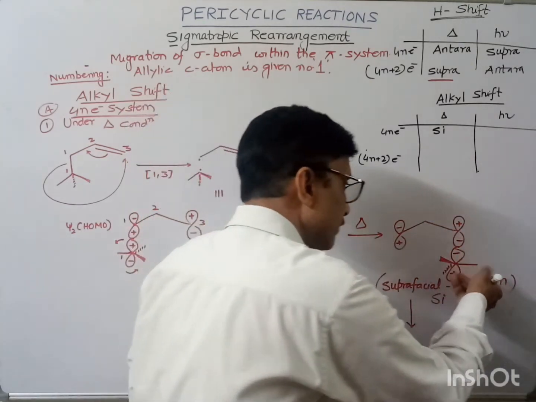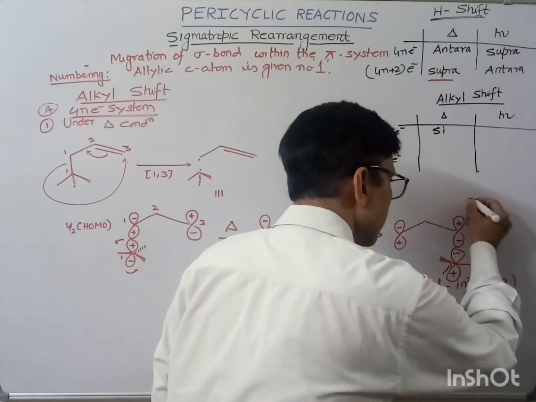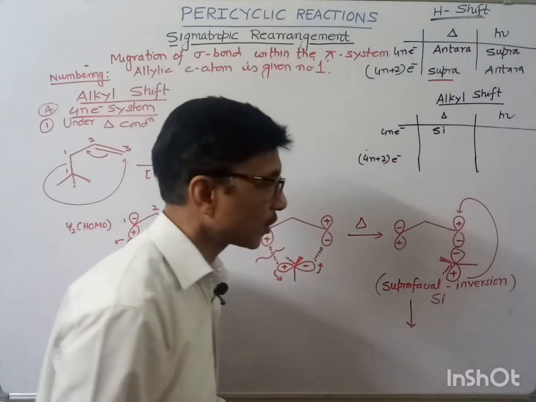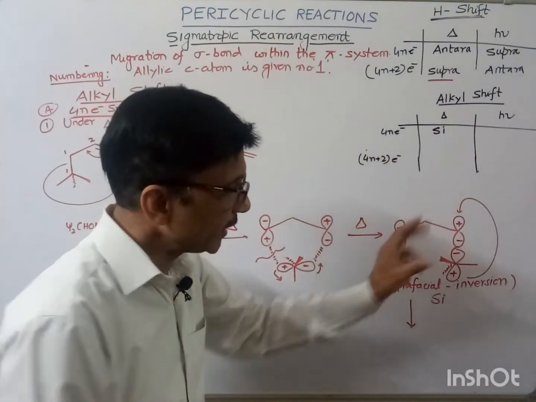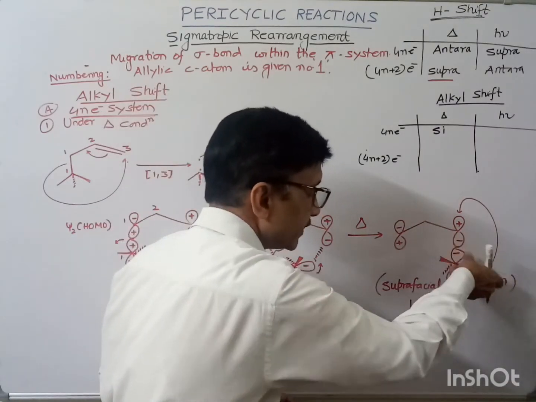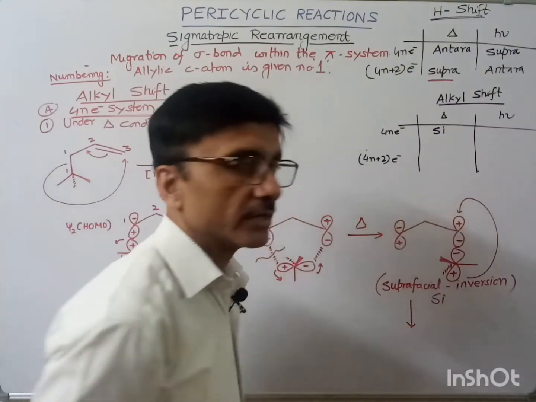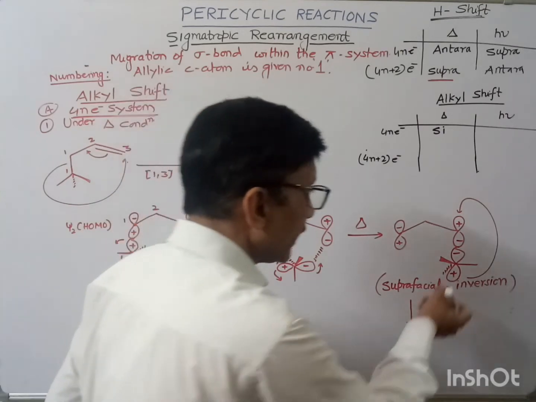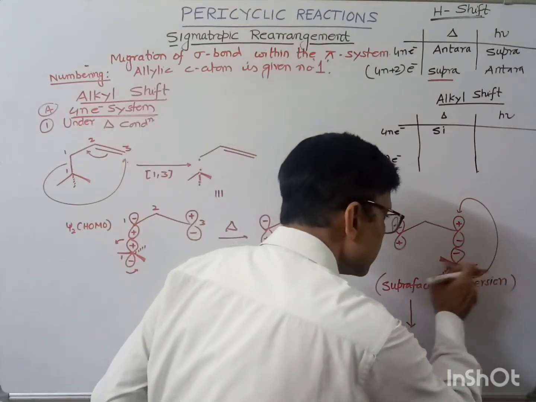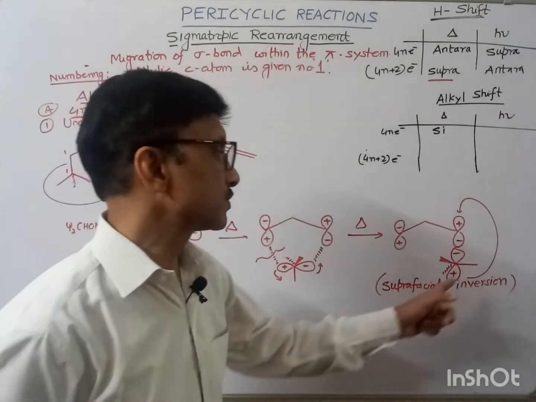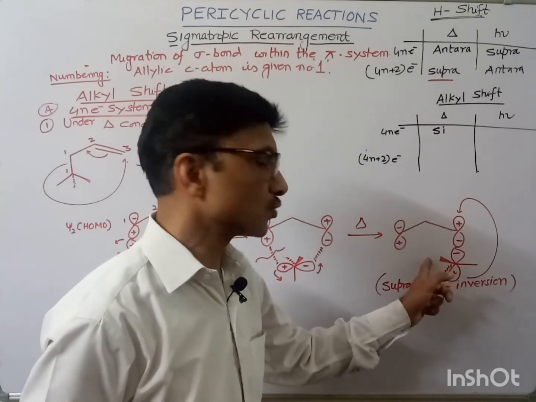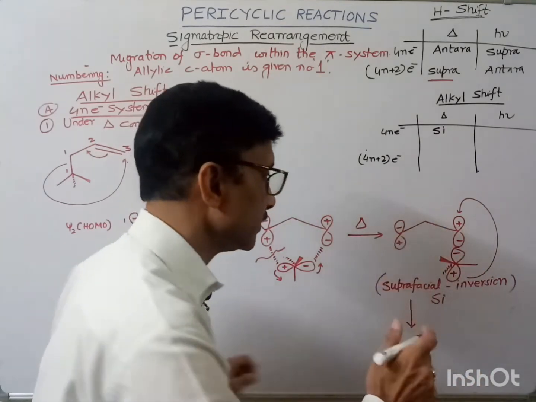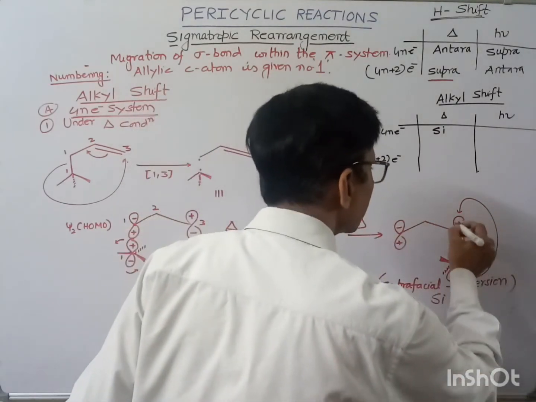So suppose it goes up like this and it forms bond like this. So how will it form bond? If I rotate this one by 180 degree, it will form over here, it will go over here. And these alkyl groups will also get rotated by 180 degree.